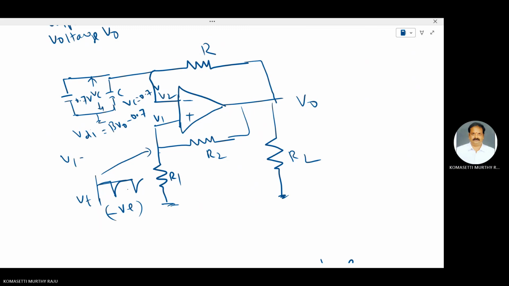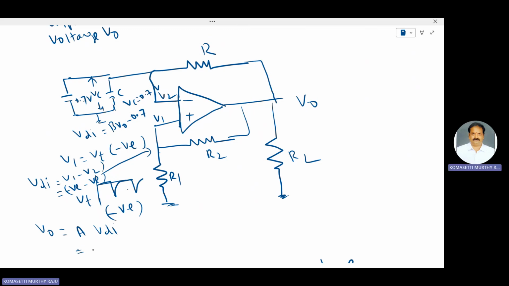Therefore, V1 is equal to Vt, which is negative. The difference voltage is V1 minus V2, negative minus positive, that is negative. Therefore, output voltage V0 is equal to gain A into Vd. That negative voltage is amplified, so the output voltage is also negative. Therefore, output V0 is equal to minus Vsat.